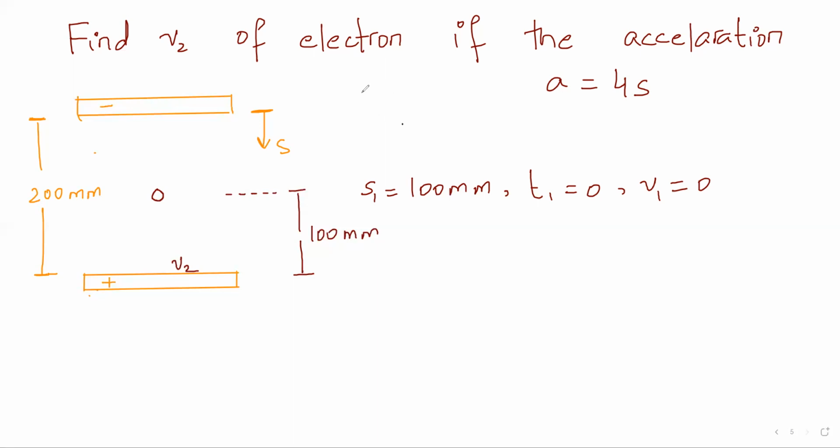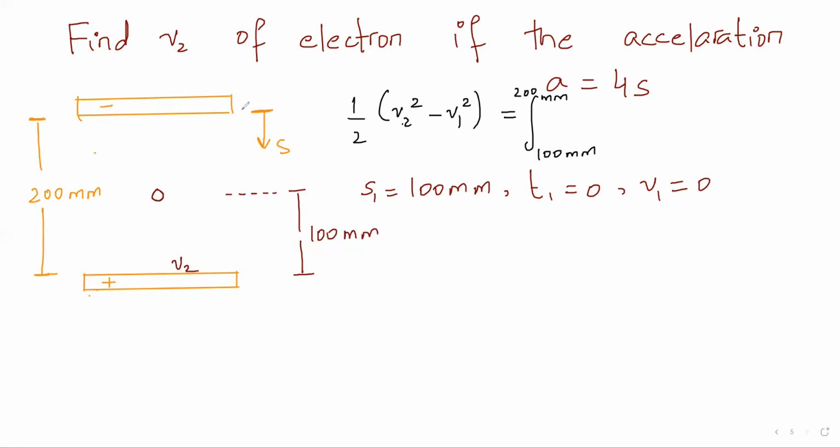So how to start the solution? V2 square is equal to the integral, and this is the tricky part, from S1 to S2. That's 100, that's 200. I'm not sure if everyone picked that one, because this is your origin, right?